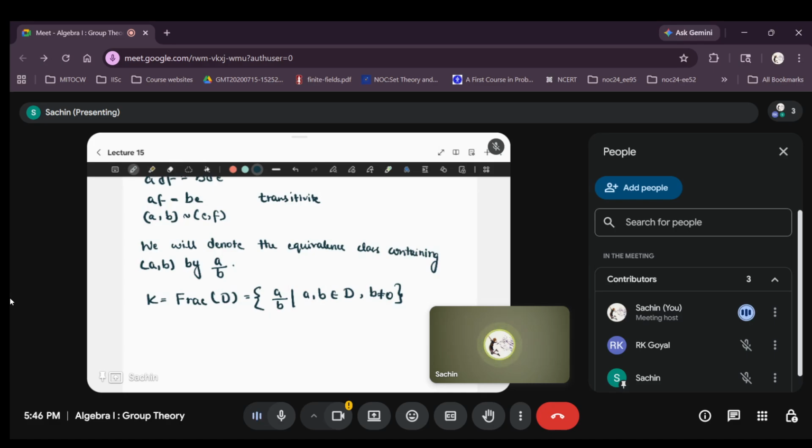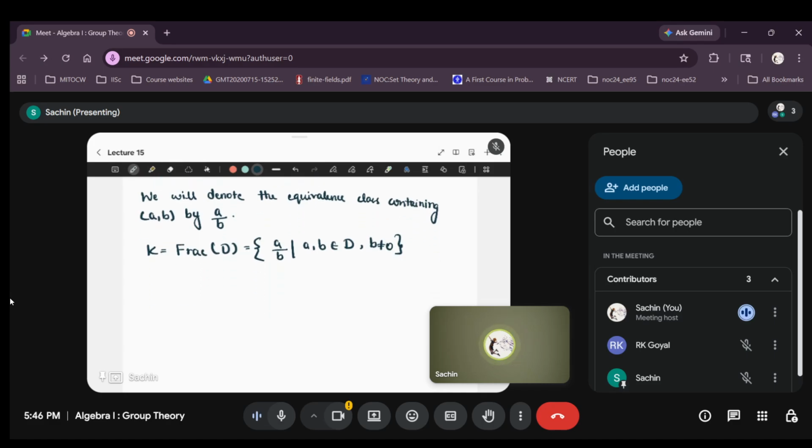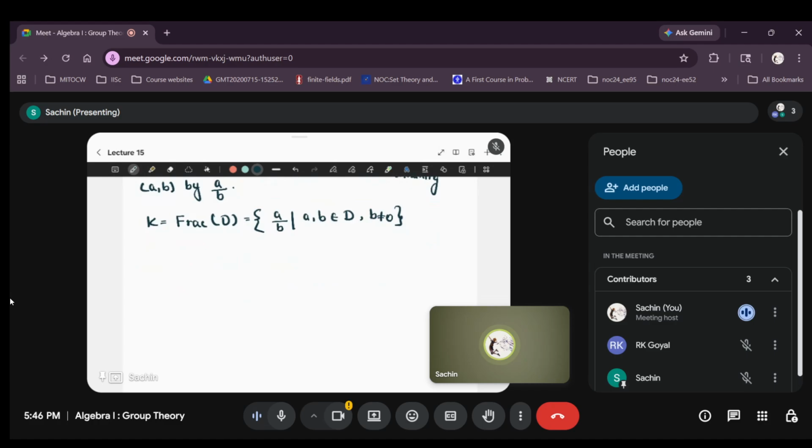If you remember in the preliminaries when we were discussing equivalence classes, the equivalence class of an element is the set of all elements related to it, the set of all x such that x is related to A. Suppose B was related to A, so B belonged to the equivalence class of A. Then you could also call this the equivalence class of B. That would be the same, right?